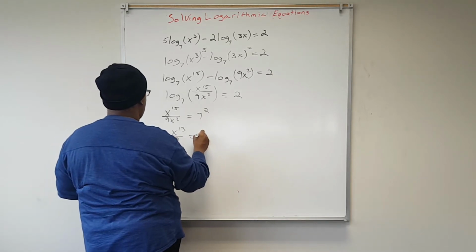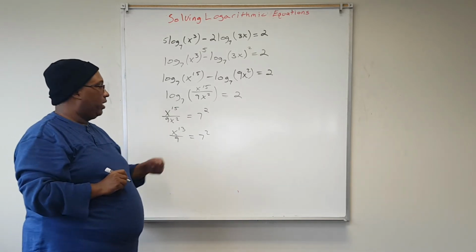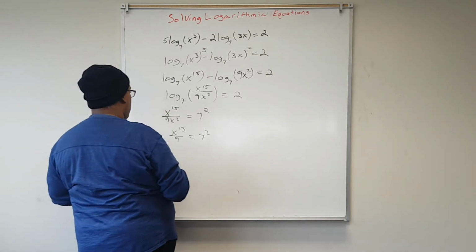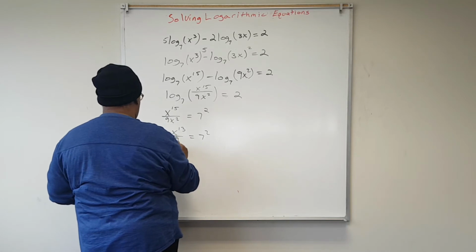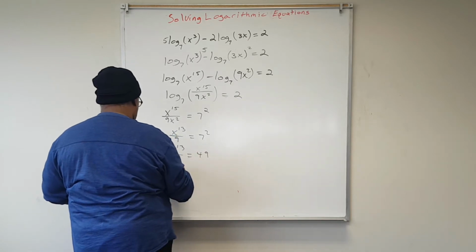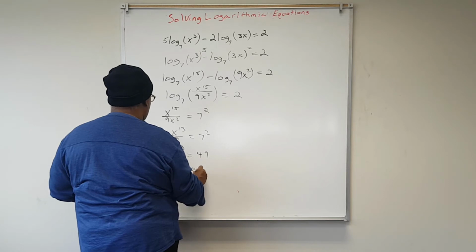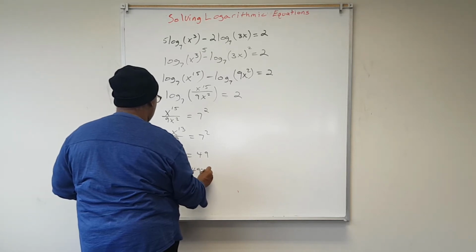equals 7 squared. And we can move the 9 over. So we can say x to the 13th over 9 equals 49. X to the 13th equals 49 times 9.